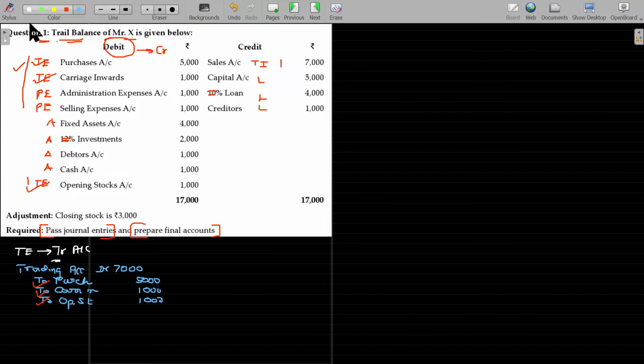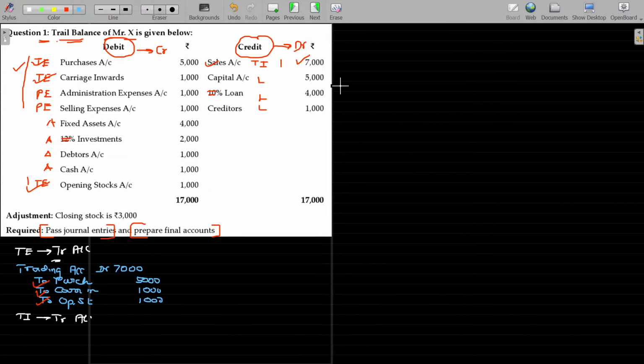The next entry is all about trading income. Transferring the trading income to the trading account. All the credit items while transferring should get debited, and the account where you are transferring will be credited.